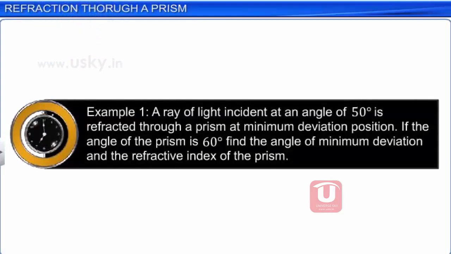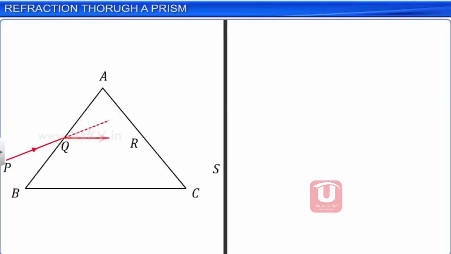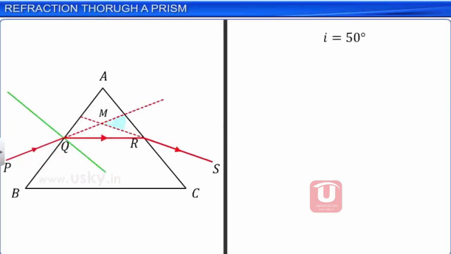We know that deviation D is equal to I plus E minus A. When the prism is at minimum deviation, dm is equal to 2I minus A. On substituting the values of I and A, we get the minimum deviation equal to 40 degrees. Substituting the values of A and dm in equation 7 and on further simplification, we get the refractive index equal to 1.532.